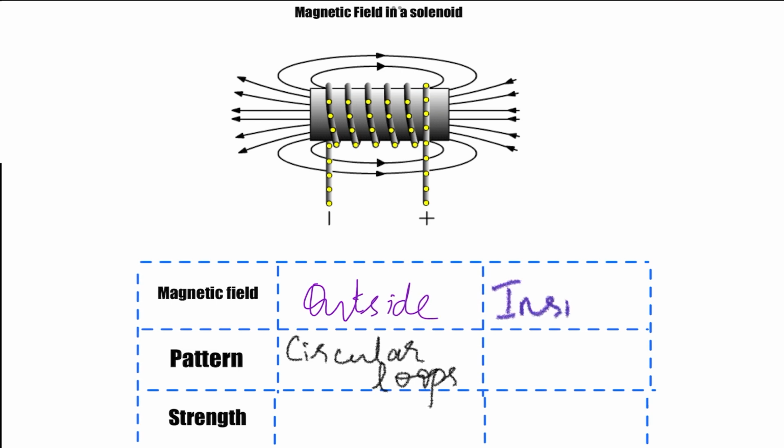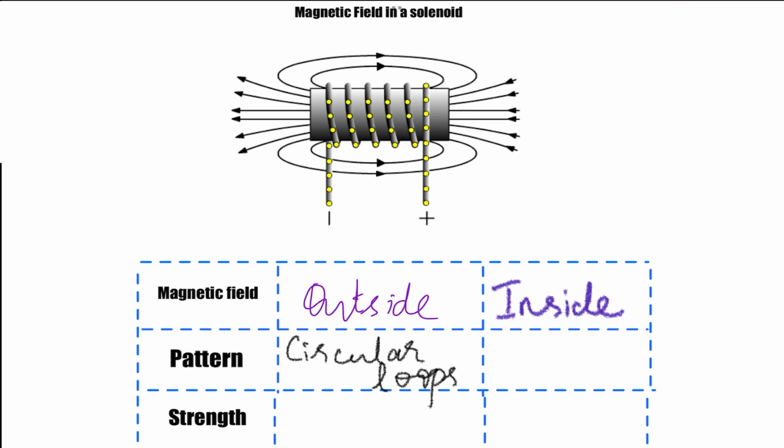How is the magnetic field pattern inside the solenoid? We can observe they are parallel. On continuing, these lines also form circular loops. But inside, how are they? They are parallel. Can you observe inside? If you observe only this region, you can make out that inside the solenoid, they are parallel.